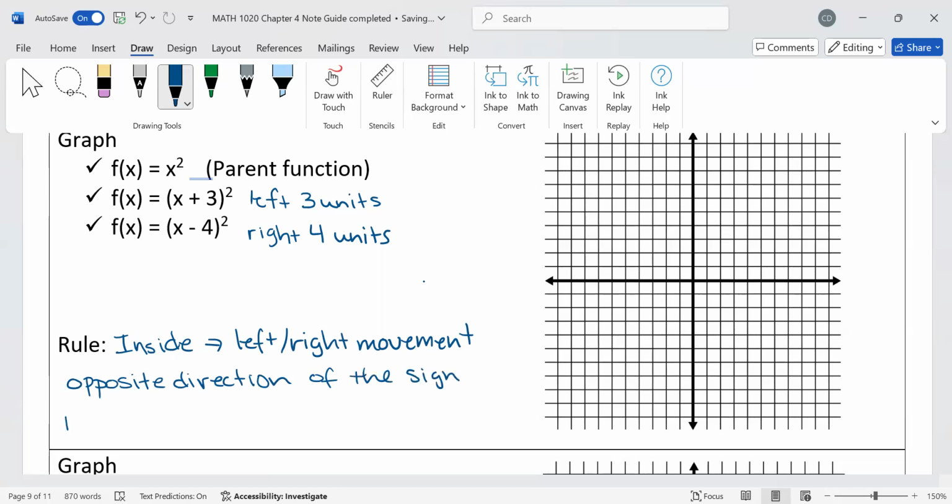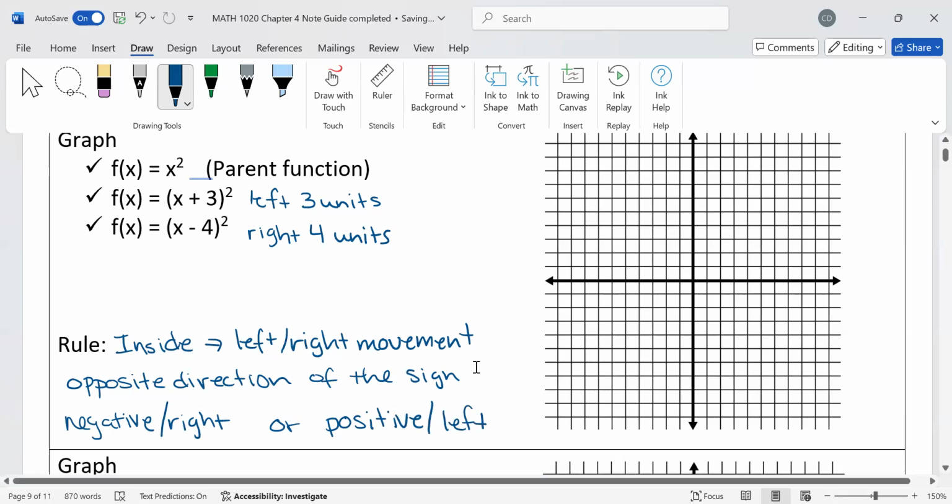You say if it's negative, you're going to move right. Or if it's positive, or addition, you're going to move left. And remember, you can pause this if you need to stop and finish your notes.